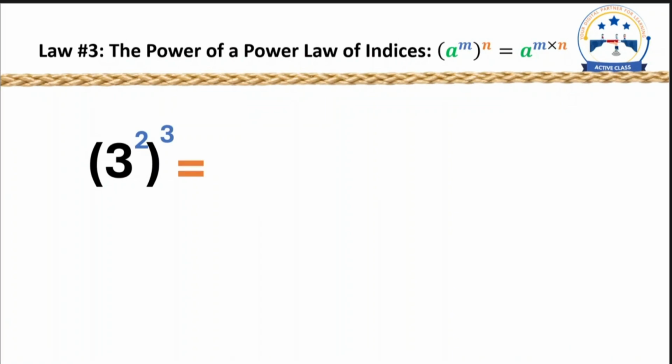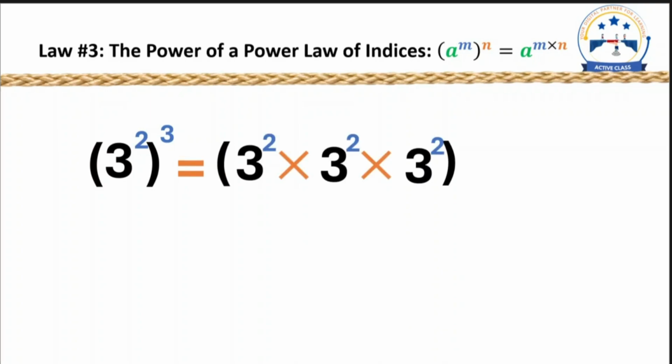If you follow the general meaning of indices, then this means you need to multiply 3 square three times. Now we have the same base 3 and multiplication in between, which means we can use the product law of indices. So you simply add the powers over here. 2 plus 2 plus 2, which is 3 power 6.